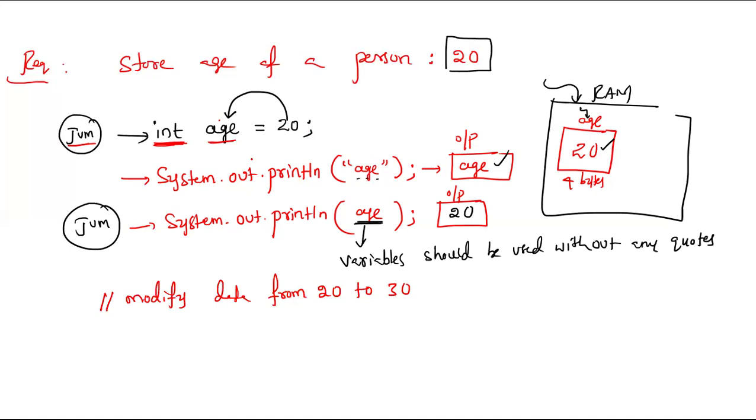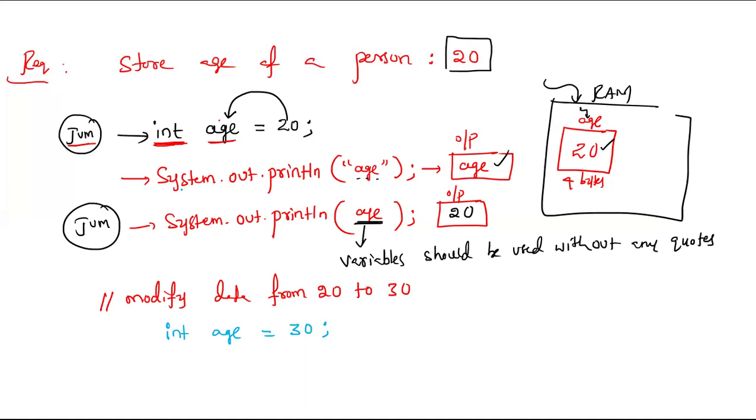In the same variable only, we have to modify. That's what the modification is, right? Then how do we modify this value from 20 to 30 in the same variable name called age? So again, data type int, then variable name age equals, then the value 30. If I am writing this entire thing in one single program, then this is nothing but a compilation error.